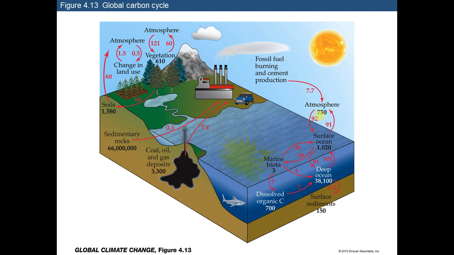Alright. Now the red numbers show the size of annual yearly carbon fluxes in gigatons of carbon equivalents per year. Basically the gigatons of carbon exchanged per year. Alright.